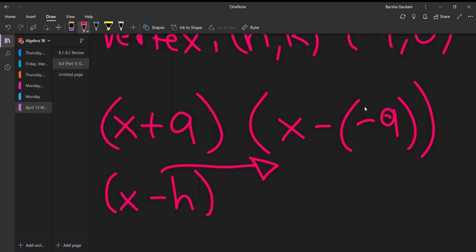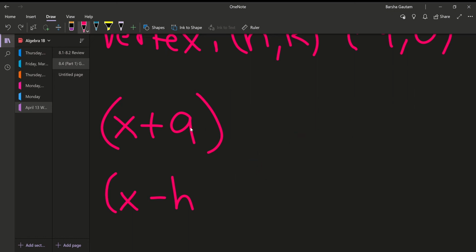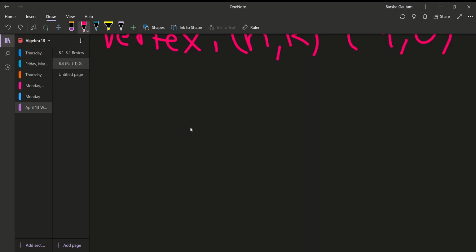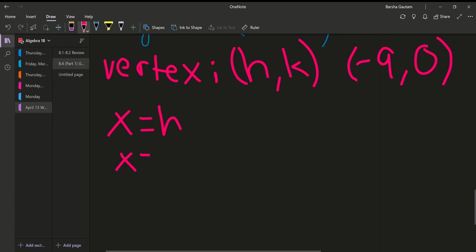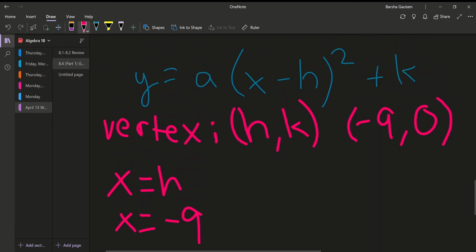That's why it's negative 9, because when we multiply negative times a negative, we get positive 9. Hope that helps a little bit. And once again, our axis of symmetry is going to be h, so x is equal to negative 9.